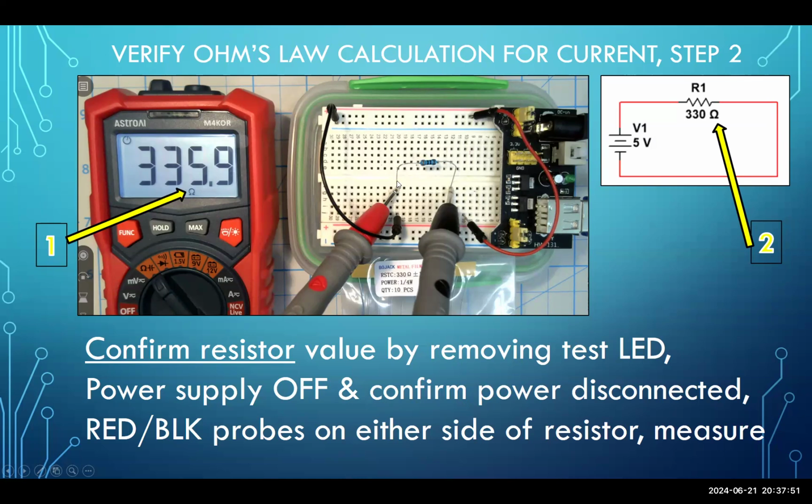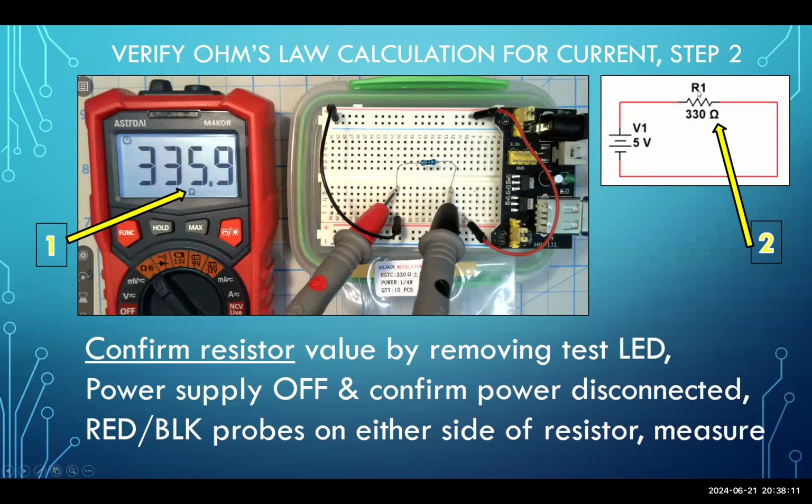So then you take your red and black probes and put one on either side of the resistor, because the resistor is not polarized. You put red here, black here, or red here, black here, it doesn't matter for a resistor. You set your multimeter for omega, and it better show omega on the display.